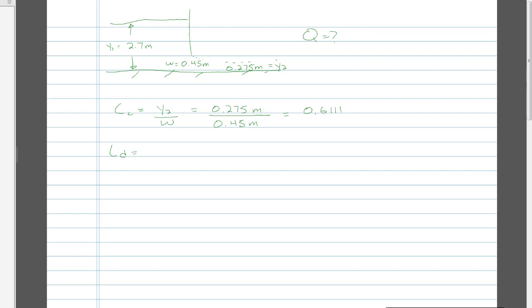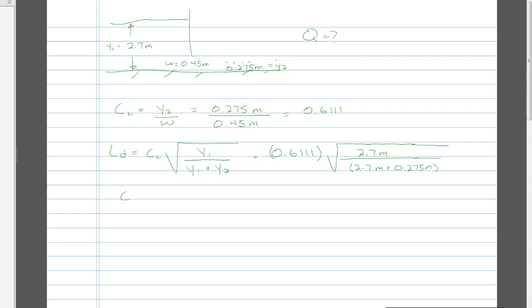Next we find the coefficient of discharge, and the formula for that is the coefficient of contraction times the square root of the upstream depth over the sum of the upstream depth and the downstream depth. So 0.6111, the upstream depth of 2.7 meters, 2.7 meters plus 0.275 meters.